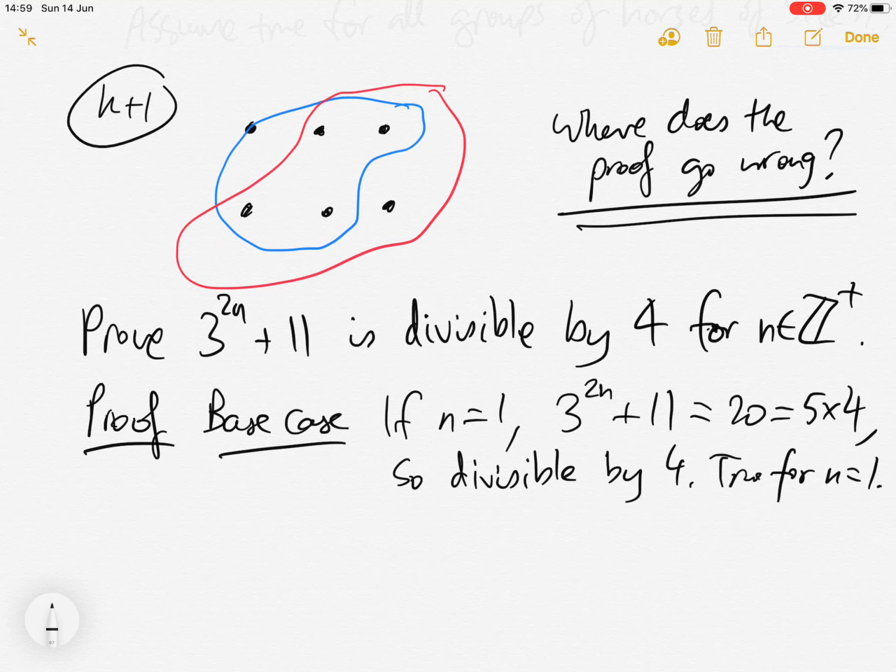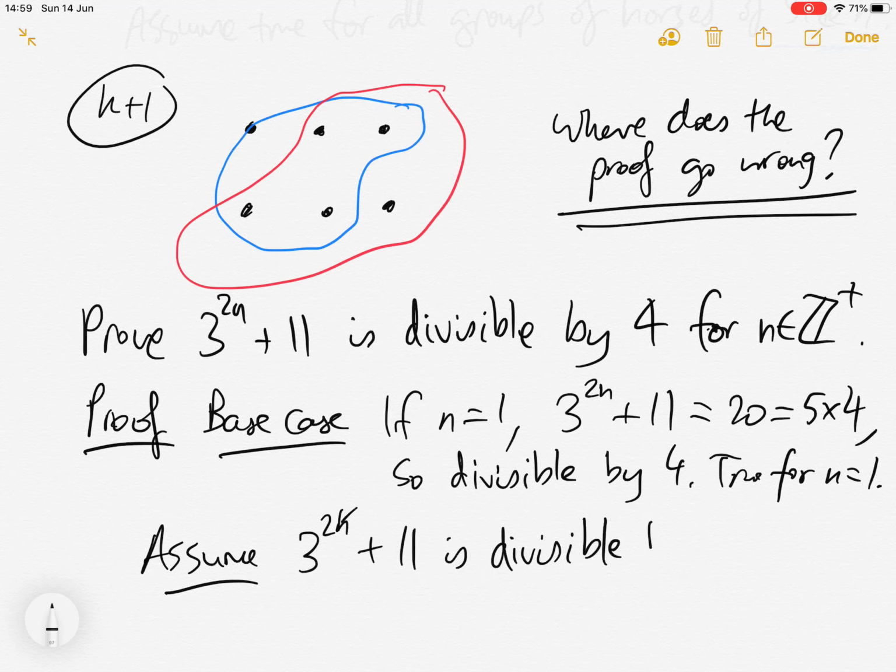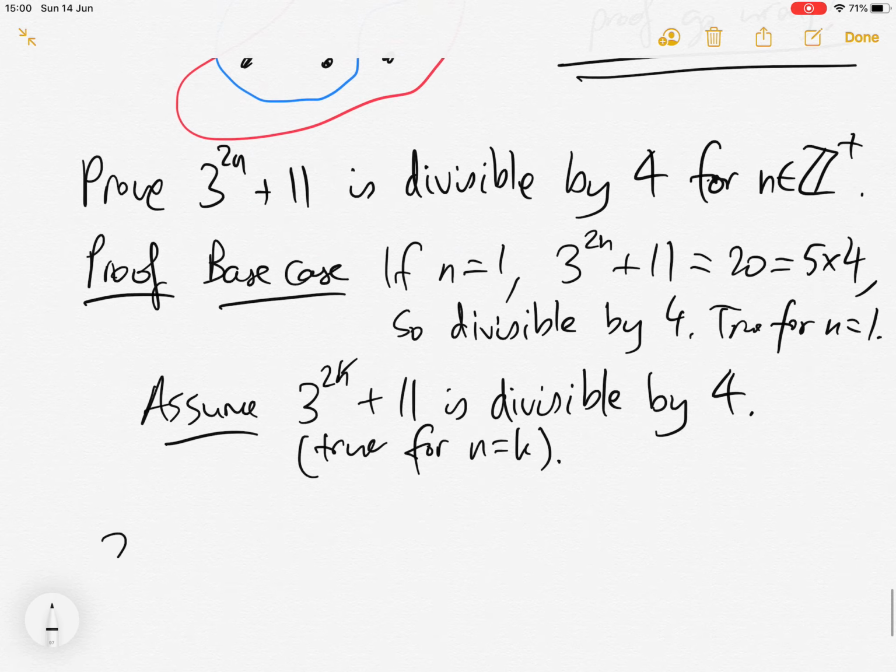so it's true for n equals 1. Then we assume 3 to the 2k plus 11 is divisible by 4. We assume it's true for n equals k. And then we show, if we consider 3 to the 2k plus 1 plus 11, we want to show this is divisible by 4.